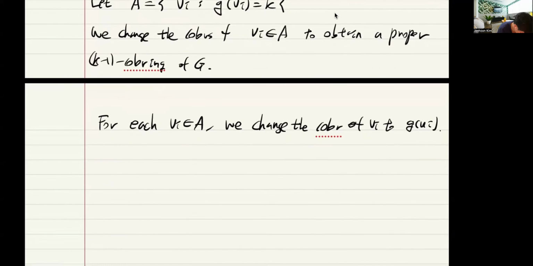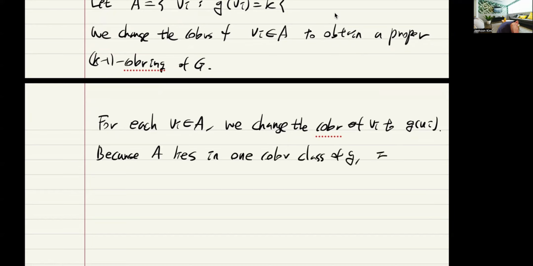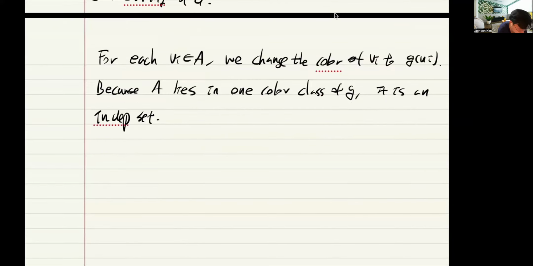Then what do you know? First, we know that set A lies in one color class of G, so it is an independent set. So there are no edges where both endpoints are in A, so we don't have to care about possible problems from here.